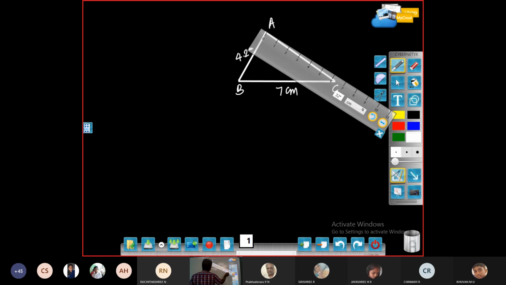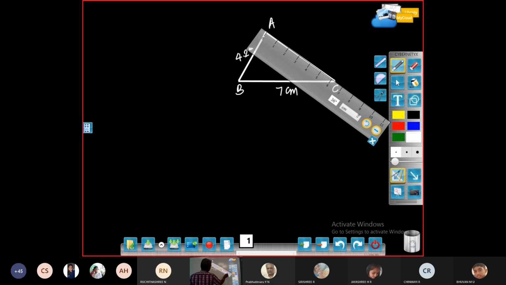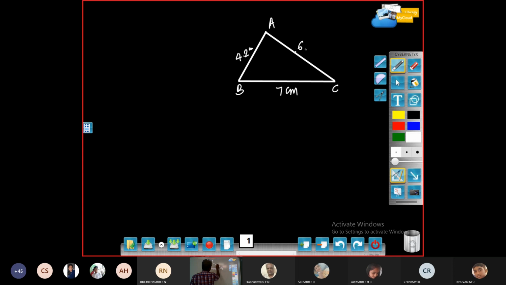And if you measure this side AC, it is 6.2. Just approximately, you can take it as 6.2. So this is 6.2 centimeter. So we have measured these sides here.